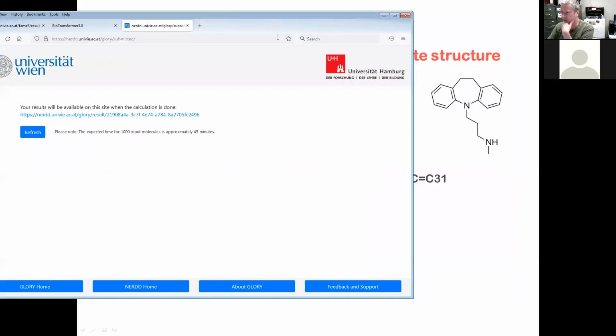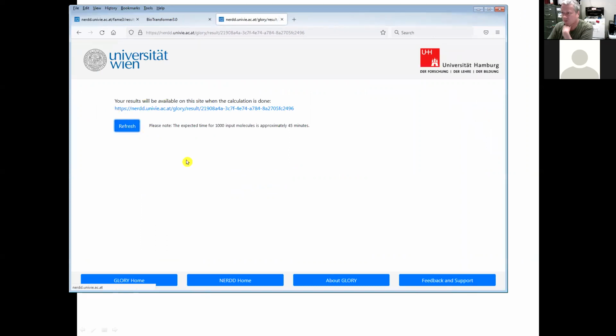So prediction is probably going to be dealkylation, maybe oxidation of this terminal or the tertiary amine. Tertiary amine maybe to the hydroxyl N oxide or something. Refresh.